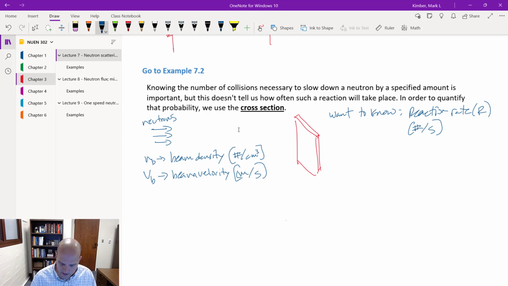But in order to characterize this surface, our target here, we need N, which is going to be our atom density. And that's going to be some number over a unit volume. In this case, this is going to be number of atoms. We need to know the cross-sectional area, and we need to know the thickness.